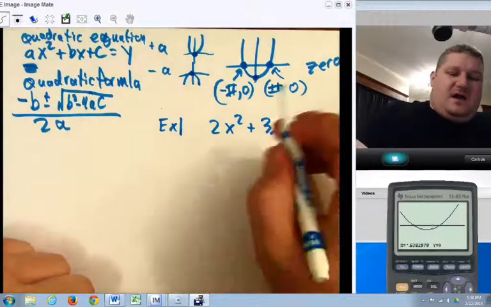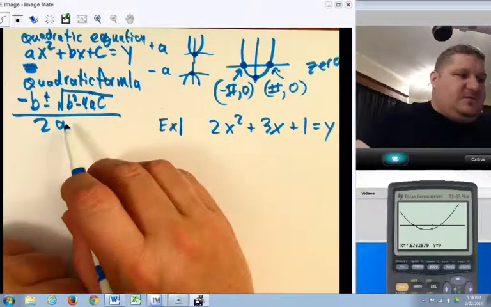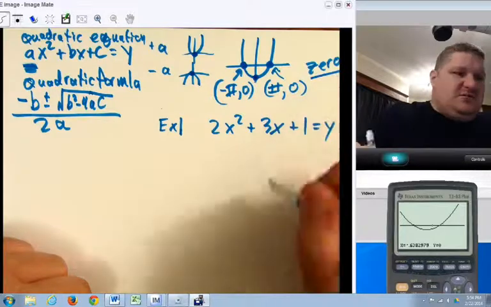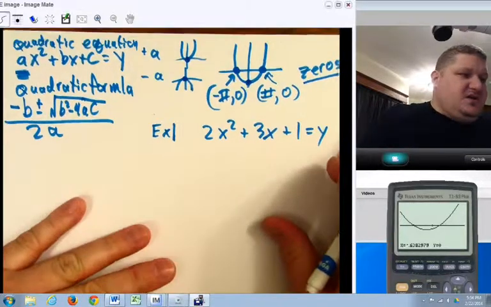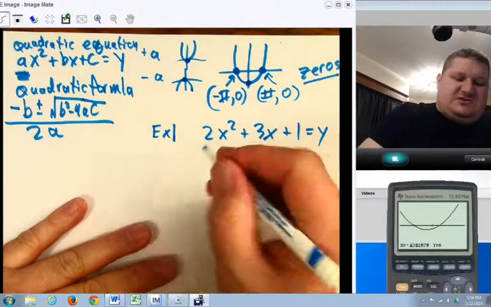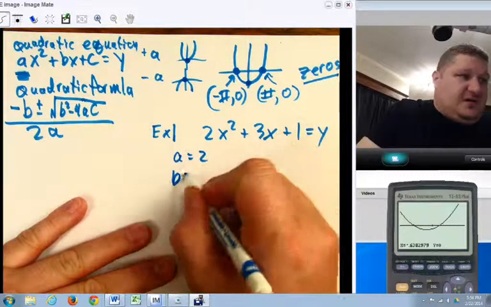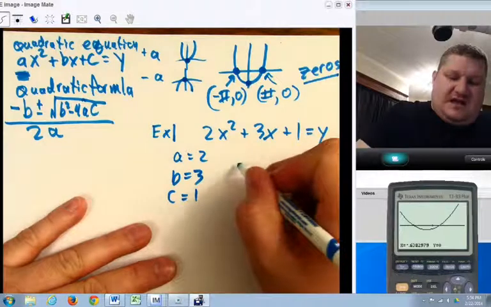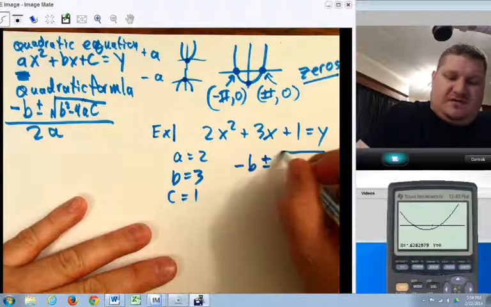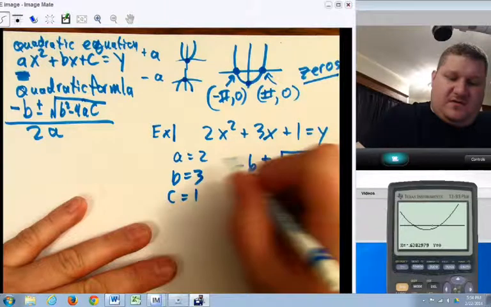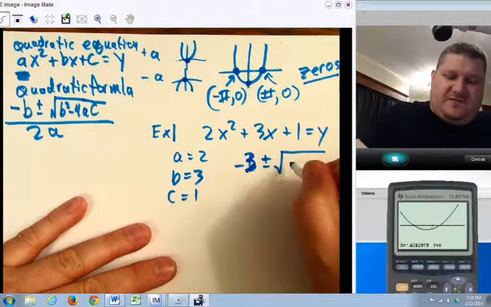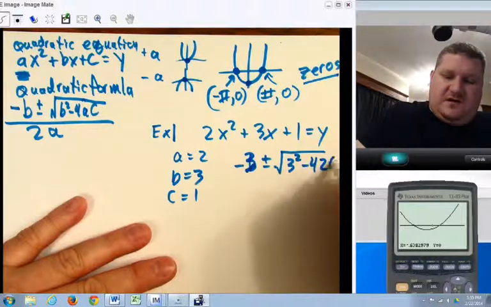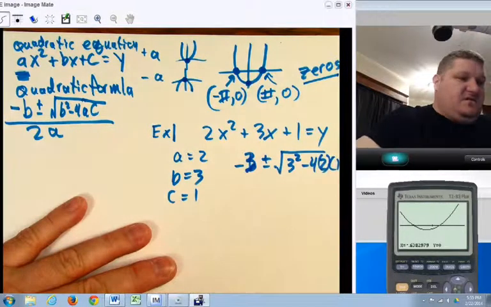Now, I told you this equation will give us everything we need. The first thing this will do is it obviously will find the zeros or the solutions. So let's go ahead and find the zeros or solutions now. A equals 2, B equals 3, C equals 1. So we say opposite of B plus or minus the square root of, all right, let's put it in here. How about 3 in for that? 3 squared minus 4 times 2 times 1.